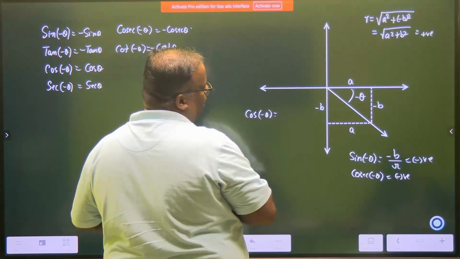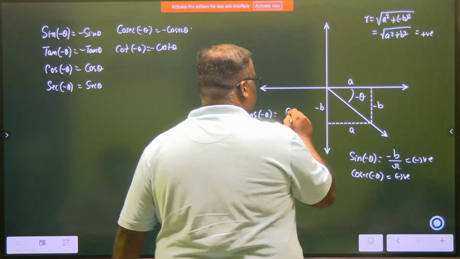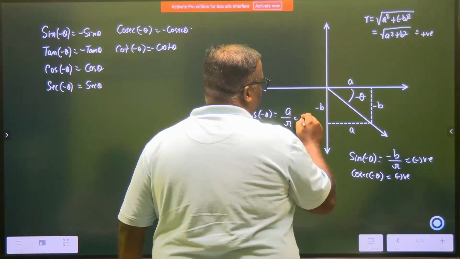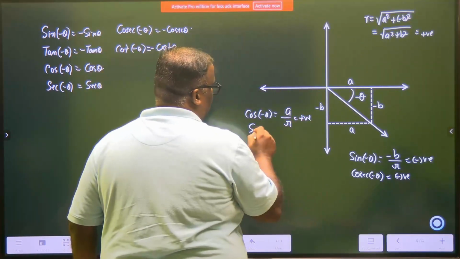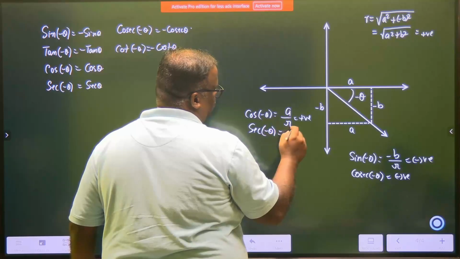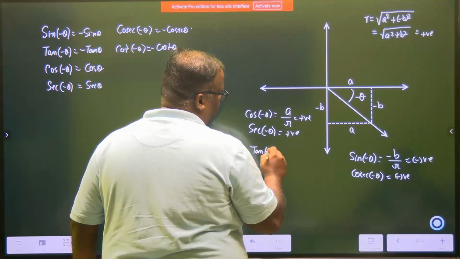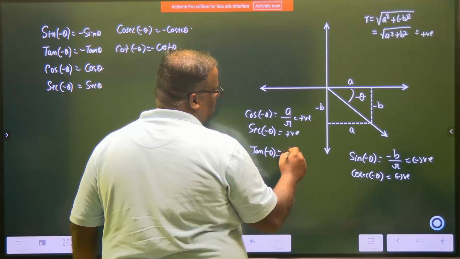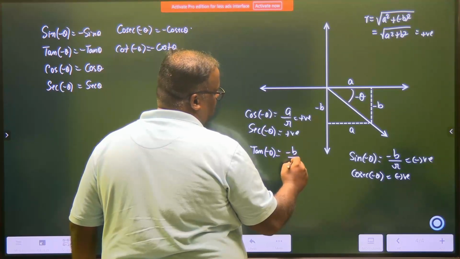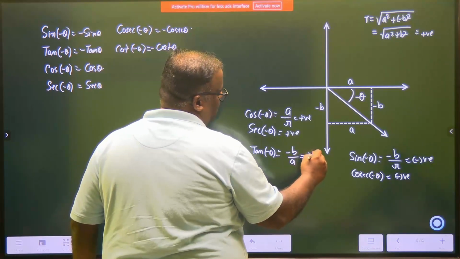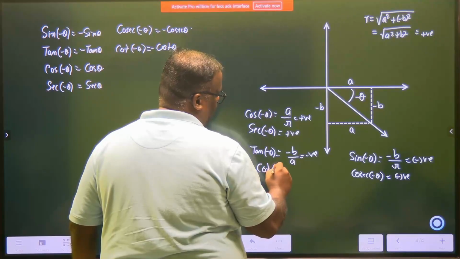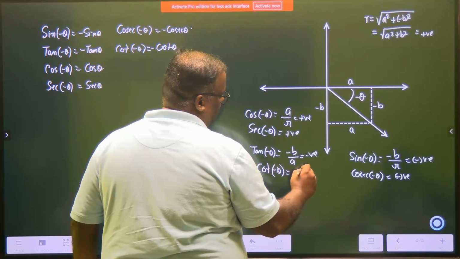Cos of negative theta is what? Adjacent side, a positive a over a positive r, which is positive. So sec of negative theta should also be positive. Tan of negative theta is equal to opposite side negative b over adjacent side a, which is negative. That means cot of negative theta should also be negative.